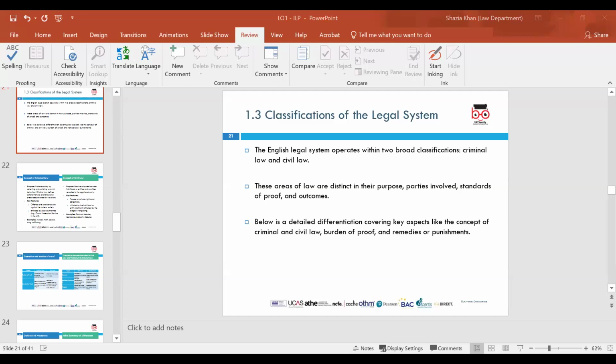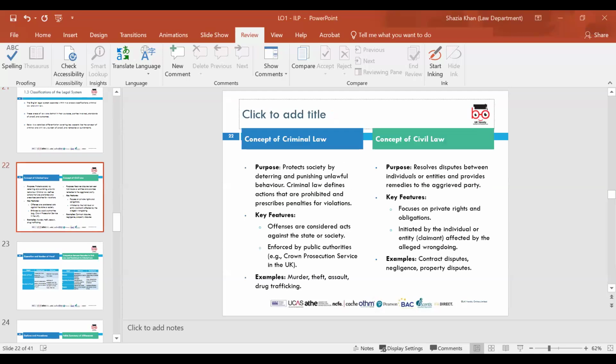So the classification of law, there are two branches, civil and criminal, which we looked at earlier. Civil deals generally with disputes between what are termed legal persons. So the concept of criminal law and the concept of civil law.